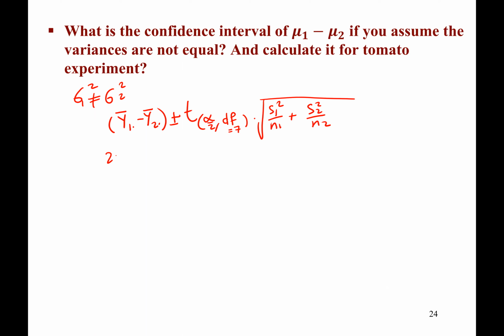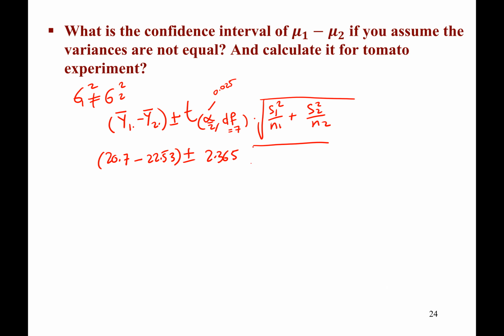y1 bar is 20.7, minus y2 bar is 22.53, plus or minus. Go to the table and find 0.025 again, but with degree of freedom 7. You will find the value is 2.365. It changed a little bit.